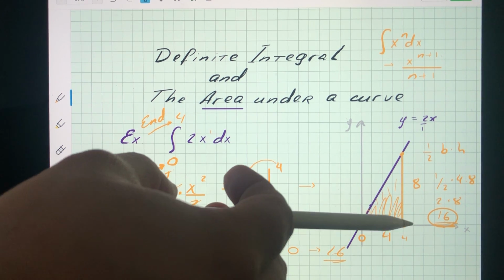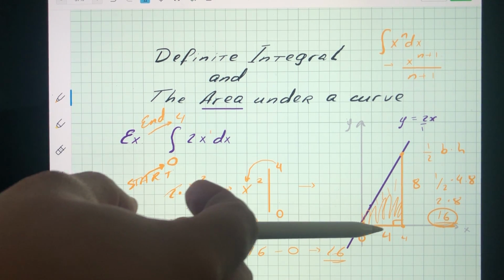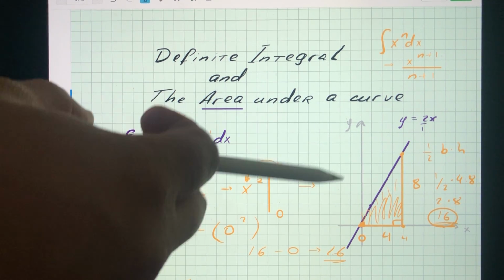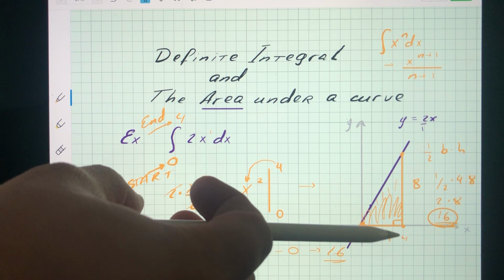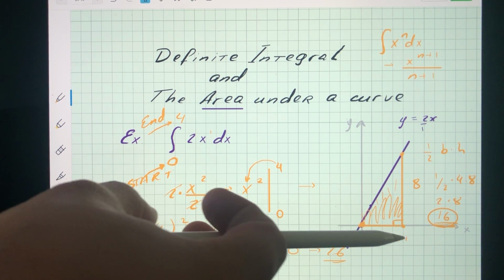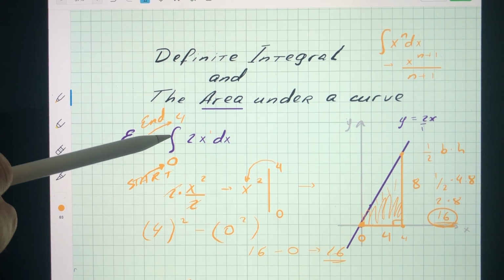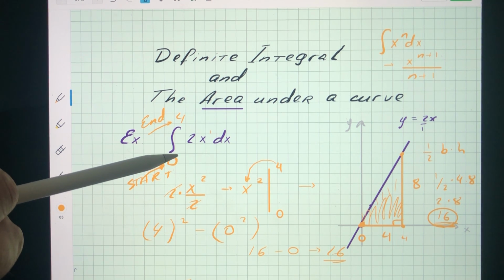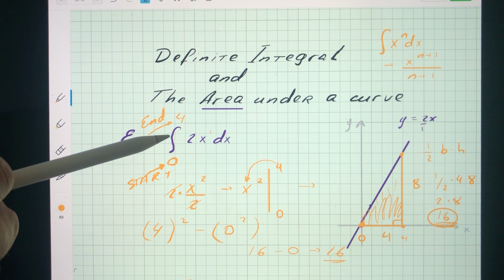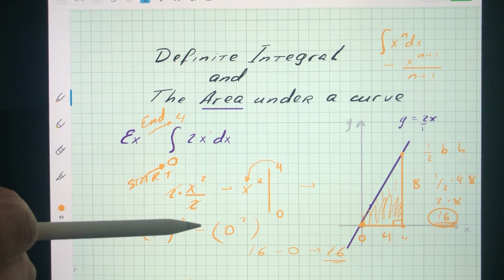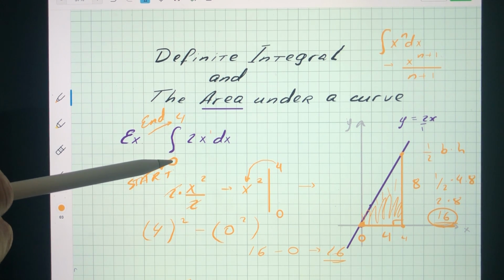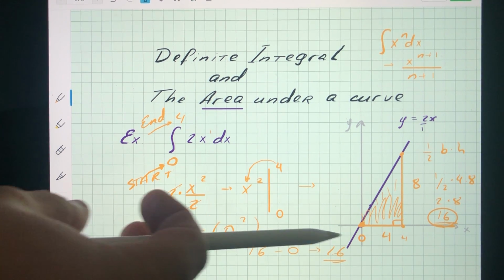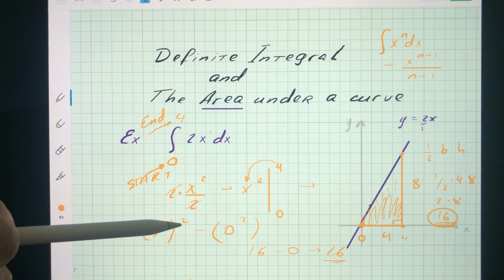And if we take 4 from 4 to the left minus from 0 to the left, we will cut off all the stuff that we don't need, and we will only be looking for the area between 0 and 4, and that's exactly what we're looking for. So that's what the formula is for the definite integral. We apply the rules for the integration, then we take the top number minus the bottom number, because that's the right side minus the left side, the right side minus the left side is the area in between.